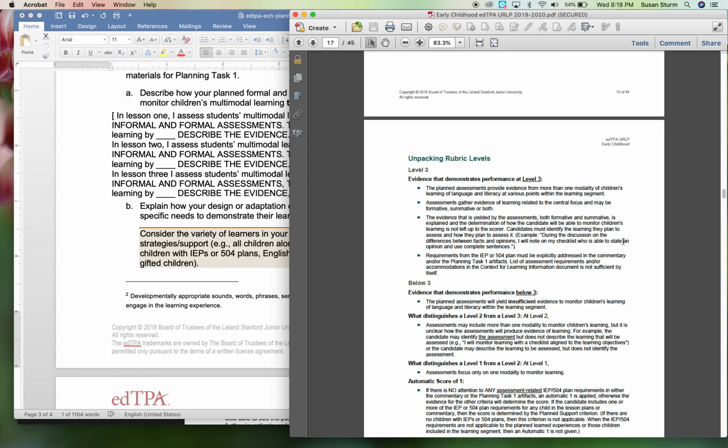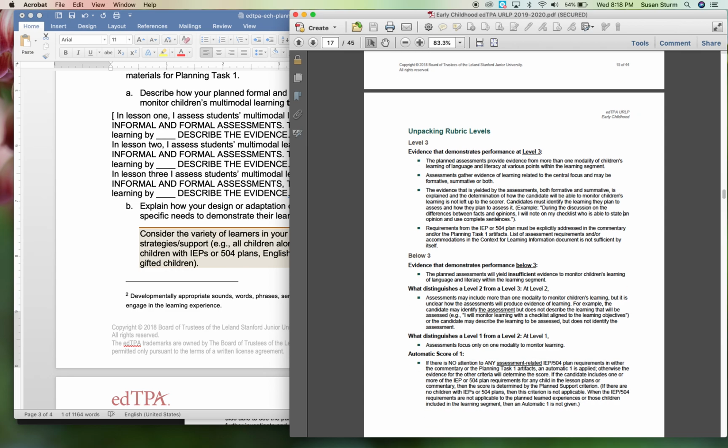If your assessments gather evidence of learning related to the central focus, and they may be formative, summative, or both, you'll be at a level 3. So again, that's the informal and the formal assessment at multiple points. The evidence that is yielded by the assessments, both formative and summative, is explained, and the determination of how the candidates will be able to monitor the learning is not left up to the scorer.